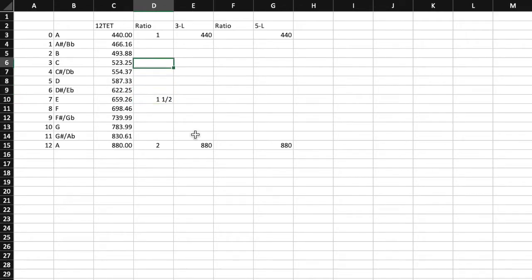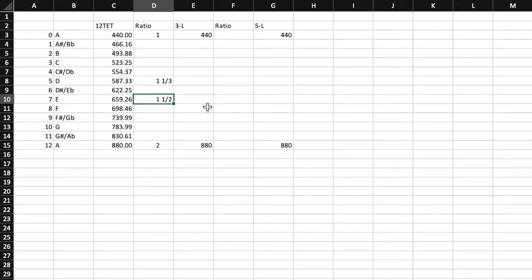If we decrease by 3 over 2, we'll get a D. So that'll be 1 divided by 3 over 2. The problem is that it is not between 1 and 2, so we have to take the whole thing and multiply it by 2. We could just do 3 over 4, and there that is. Okay, so we can keep going.